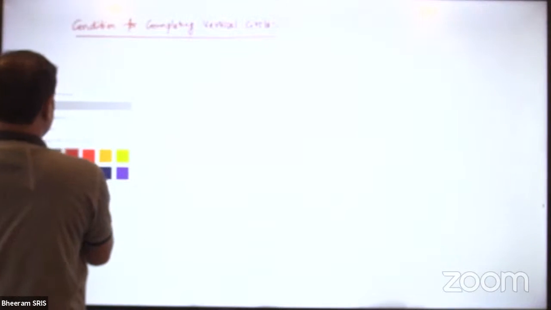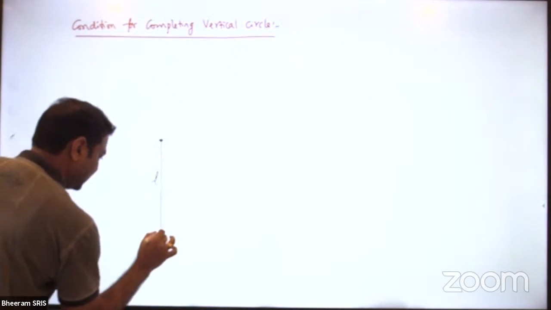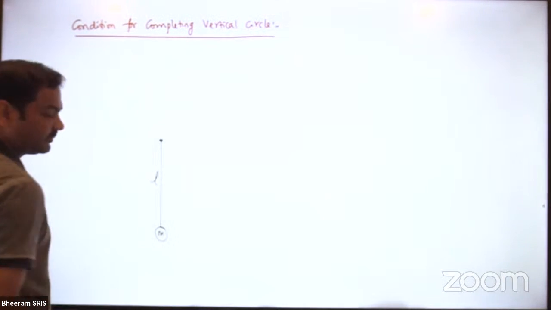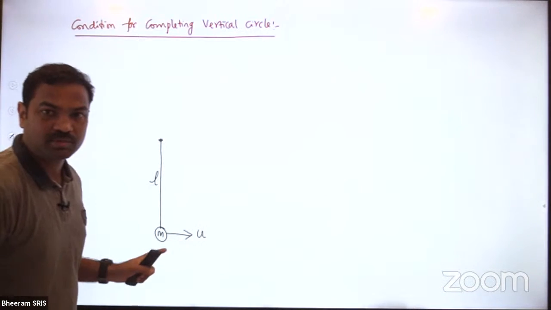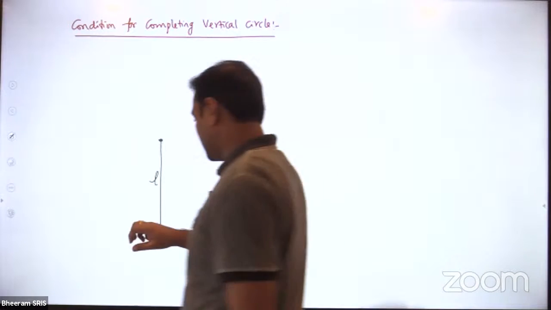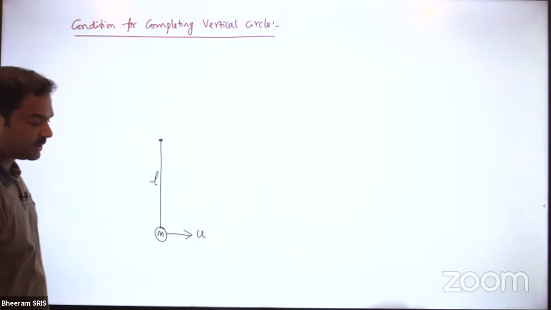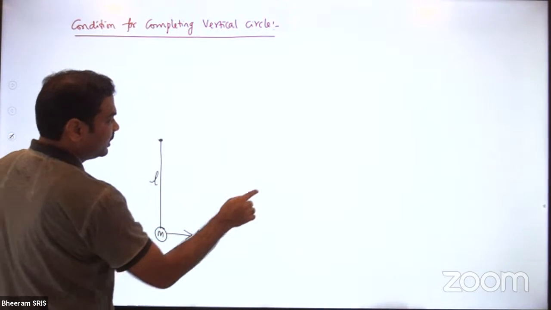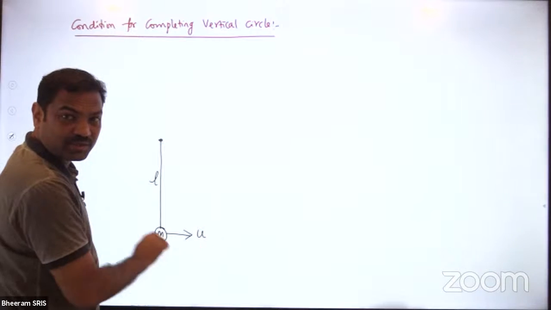Now I'm taking one pendulum of length L, and there is a bob of mass M. Now I'm giving the velocity u at the bottommost point. I'm projecting and leaving. Just I projected and left. So then what happens? It can oscillate according to the u value. If the u value is very small, it will oscillate.